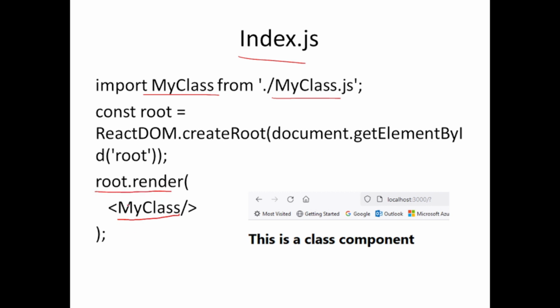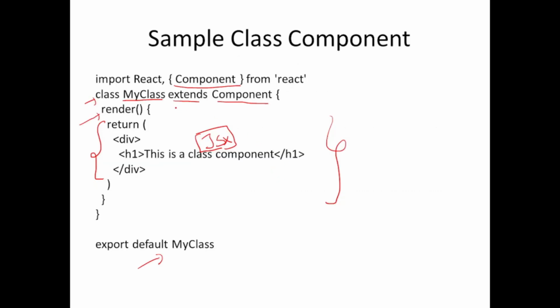So this particular class component will be rendered and when it is rendered this will be the output. So that's how we create a very simple class component and how it is different from a function component. In a function component, we write it as a function, right? We use the keyword function and then we code it as a function. Whereas here, it's a class that is extending an inbuilt class in React that's called the Component class.